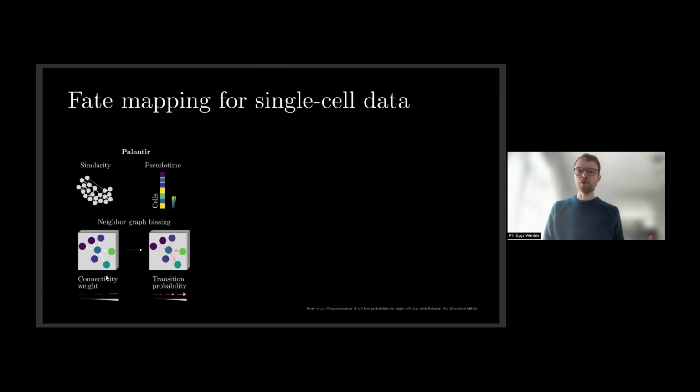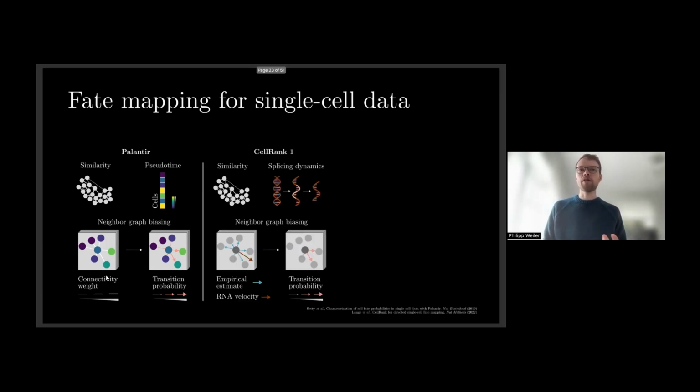We aren't the first to ask this question, so there are other approaches where you assign cells along the developmental trajectory and thereby infer directionality. Another approach is based on mechanistic modeling, where you try to model the splicing kinetics. So DNA is transcribed into RNA, which is then transformed a bit further.